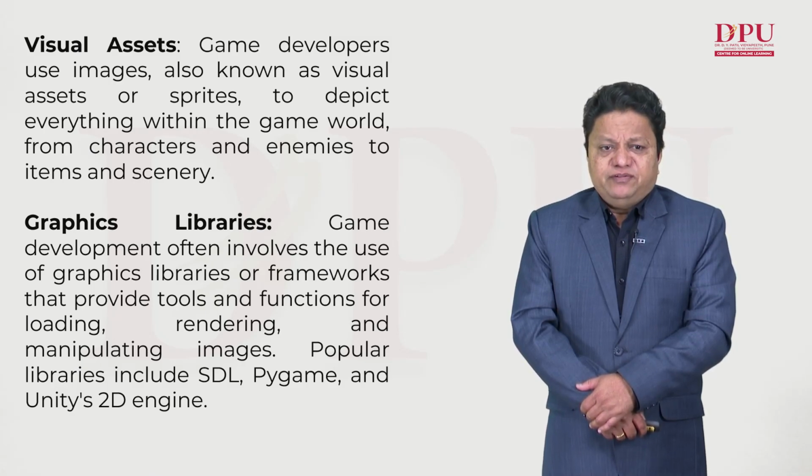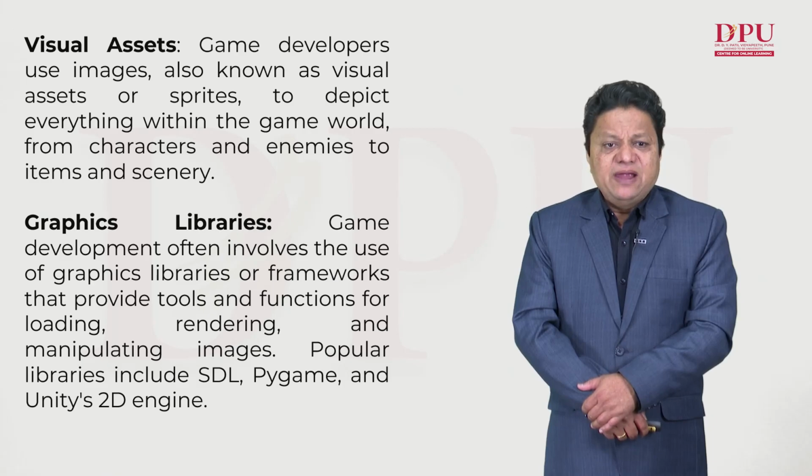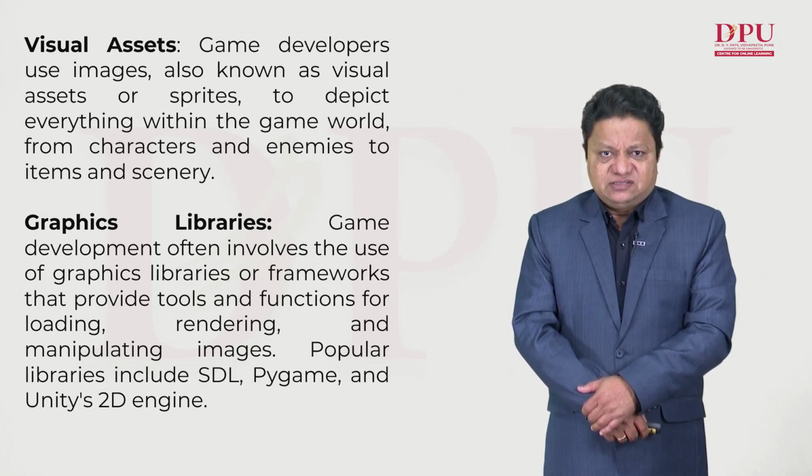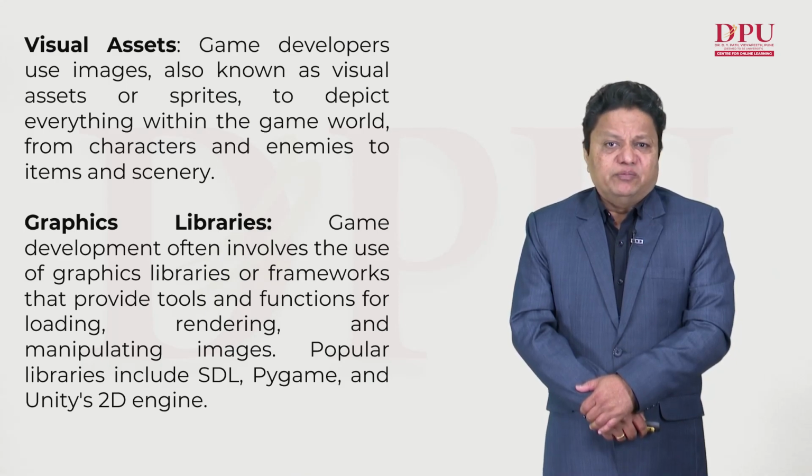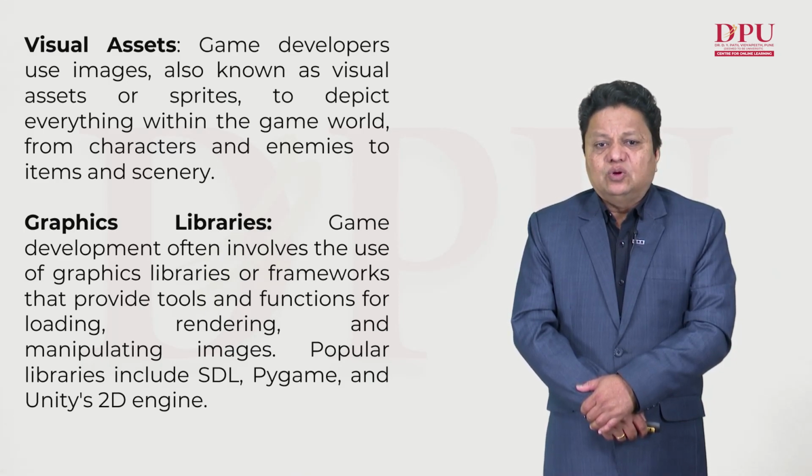Game developers use images, also known as visual assets or sprites, to depict everything within the game world, from characters to enemies to items and scenery. So, visual assets are very important in game development.